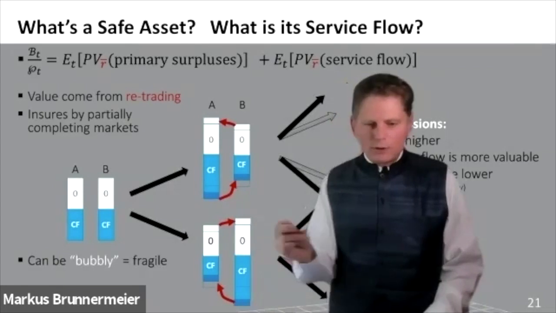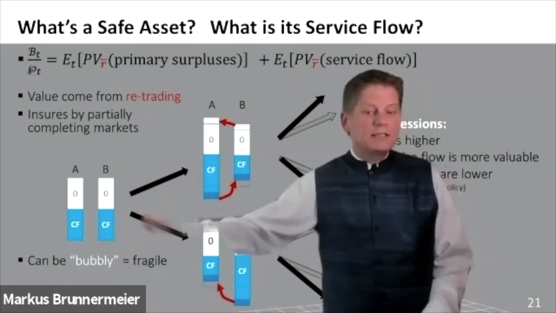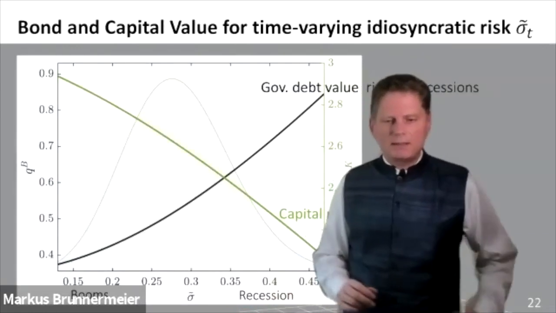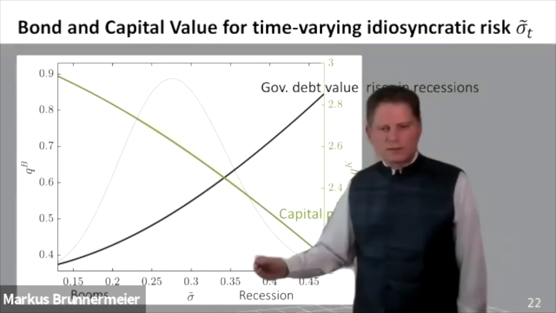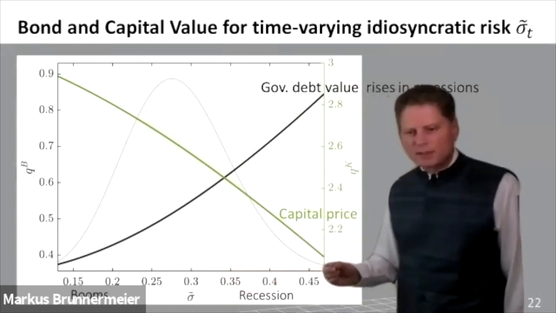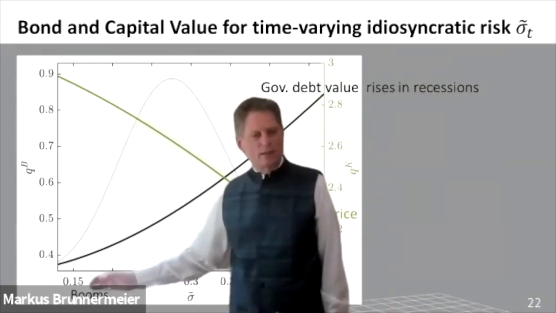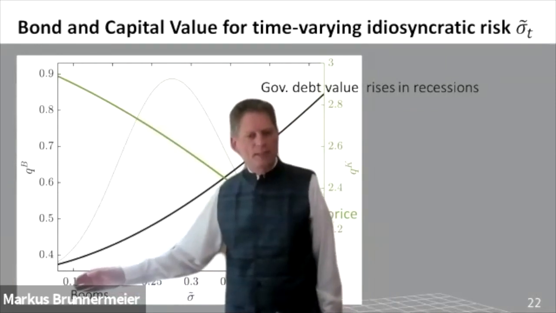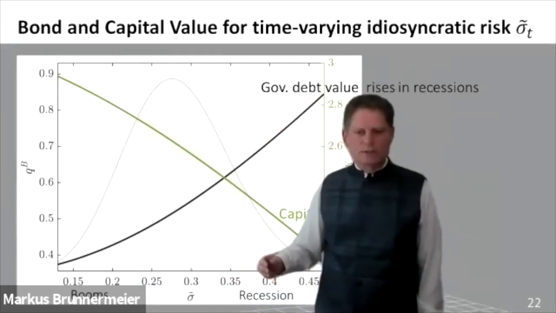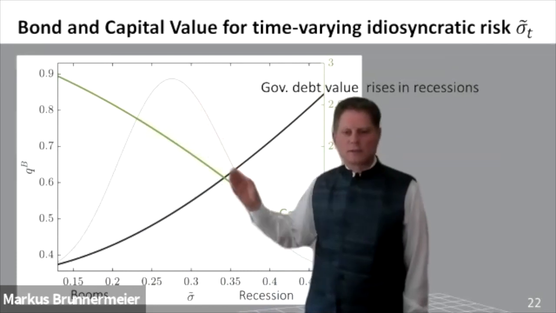How much risk there is in the system, we call sigma tilde. So sigma tilde is high in recessions and low in a boom phase. Here's sigma tilde on the x-axis. In a recession sigma tilde is high, and in the boom phase sigma tilde is low. Typically sigma tilde moves around according to some stochastic process, and that's the stationary distribution of sigma tilde.